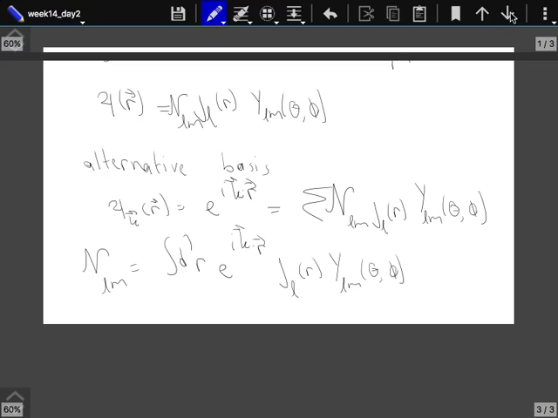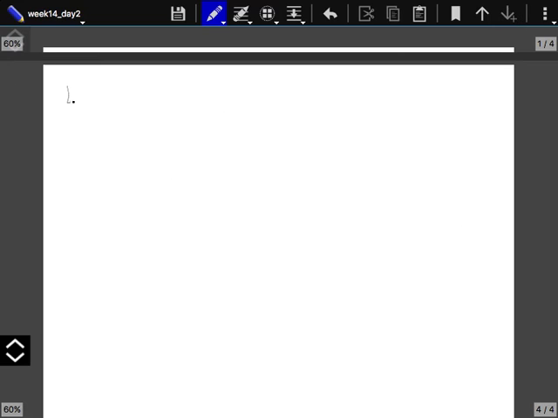Now another interesting example would be a particle inside a spherical well. Here we have particles localized in a certain region. In the free particle case, the particles were free to move everywhere; they can be anywhere.